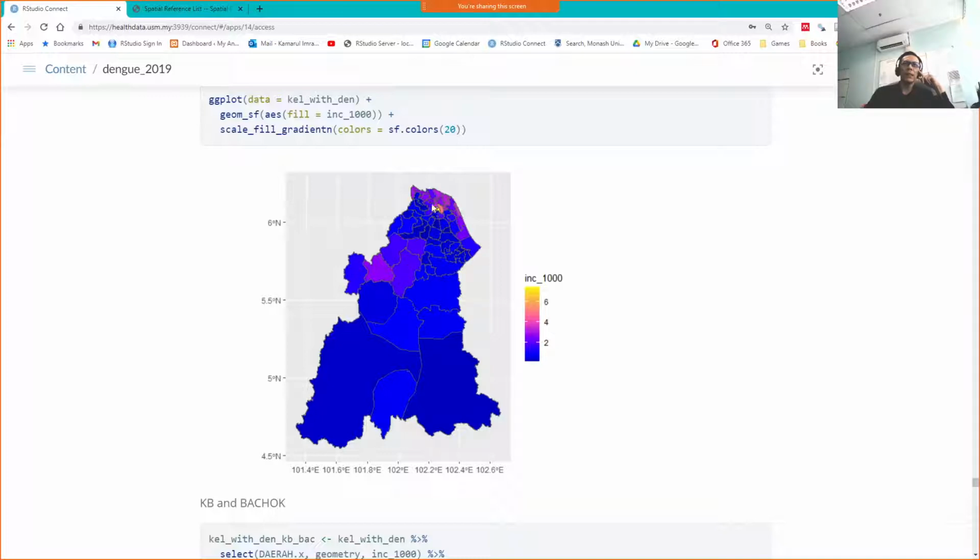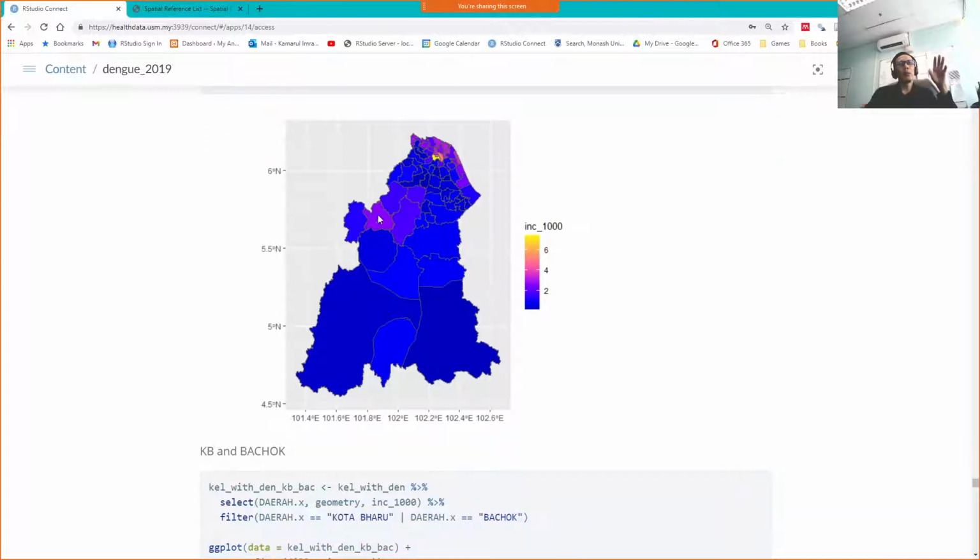But you can see that this is an area where you have quite a high incidence per 1000 population here. Actually these two areas are Pintu Geng and some other.